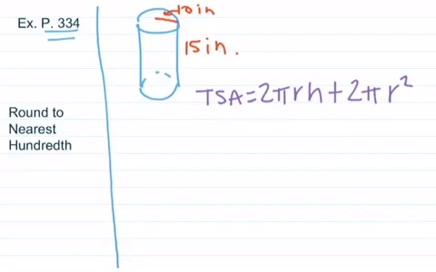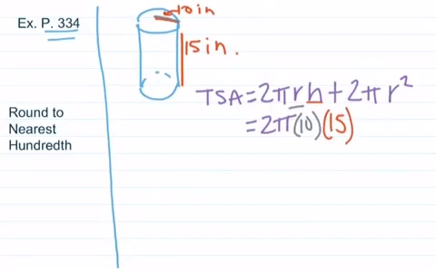Okay, so now let's start solving. So we have 2 pi, those are not going to change. Our radius is 10, so we're going to times 10. And then our height is 15. Plus 2 pi, and then our radius is our 10 squared.